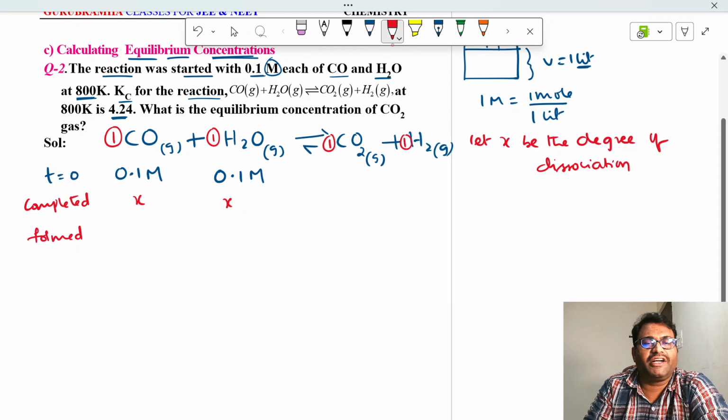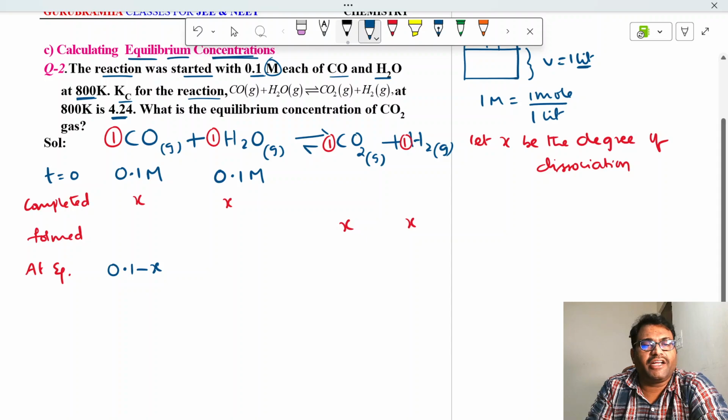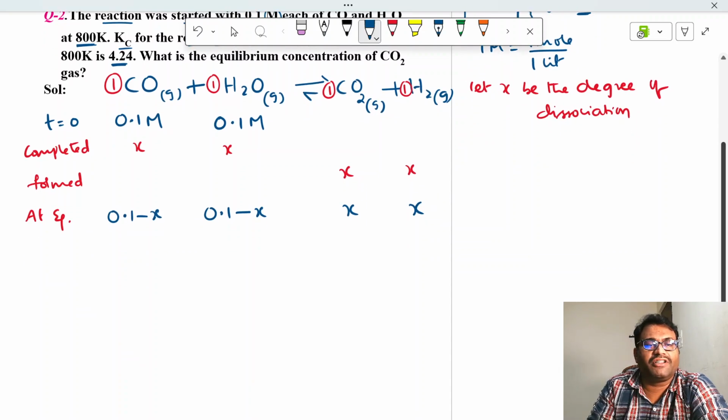If X is completed, then how much will be formed? X and X. Okay. So at equilibrium, what will be the situation? Already 0.1 is there. X is completed. It will be 0.1 minus X. Initially, at time t is equal to 0, we have 0.1 molar. So 0.1 minus X. How much carbon dioxide is formed? X. And how much hydrogen is formed? X.